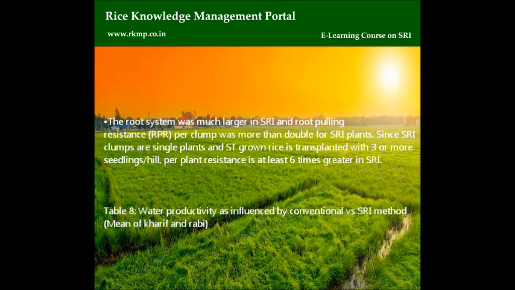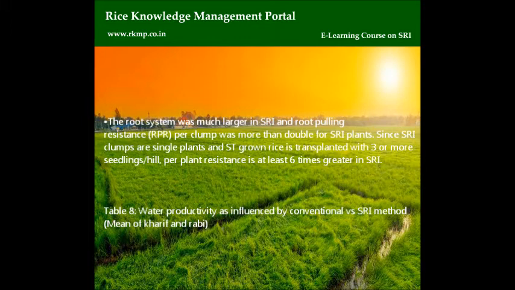The root system was much larger in SRI, and root pulling resistance, RPR, per clump was more than double for SRI plants. Since SRI clumps are single plants and ST rice is transplanted with 3 or more seedlings per hill, per plant resistance is at least 6 times greater in SRI. Table 8.